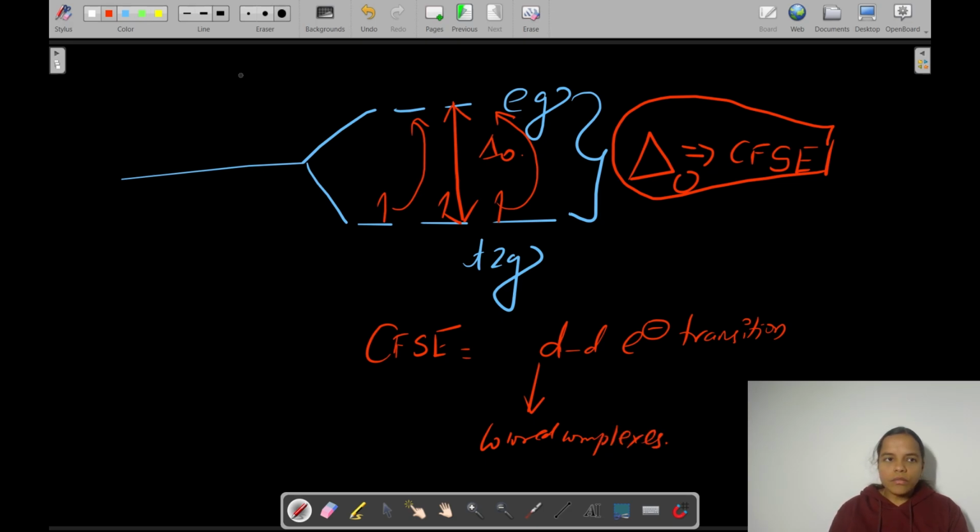So let's move on to the numerical, for which we need to know the formula for CFSE.